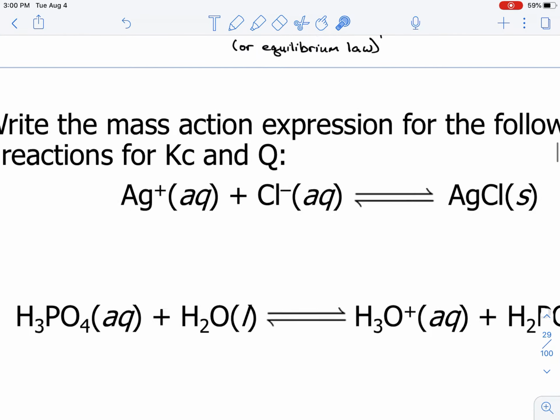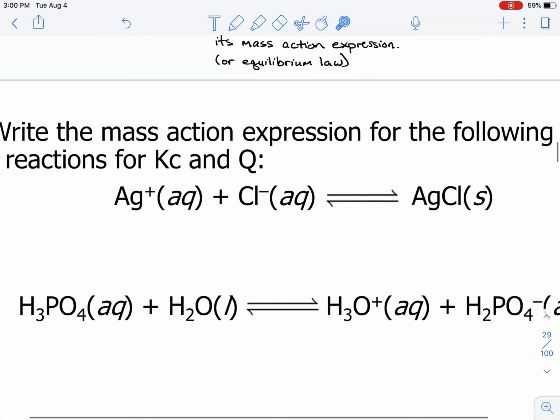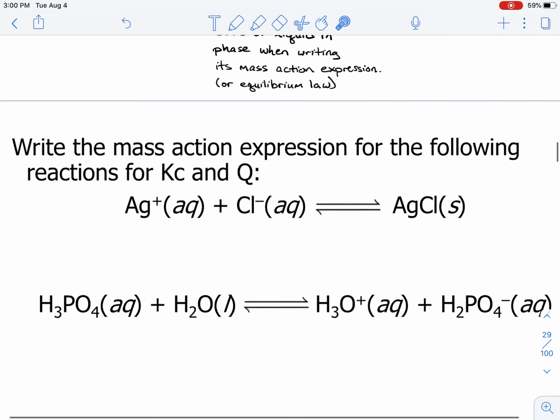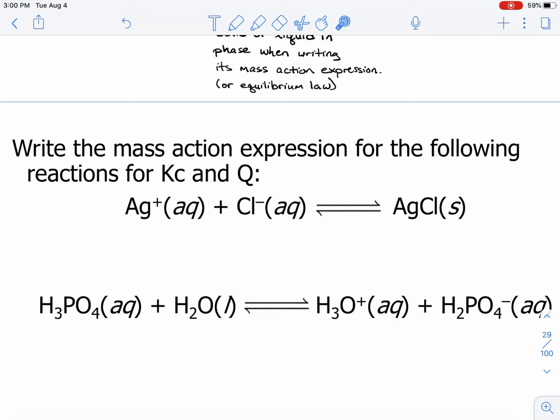And so the last thing that we're going to do for this lecture video is practice writing the mass action expressions for the following reactions. And we can express it for both the equilibrium constant, Kc, or the reaction quotient, Q. So let's go ahead and look at this first example. So notice that we have something that's aqueous in phase, and solid in phase.